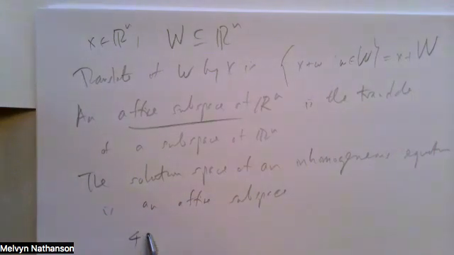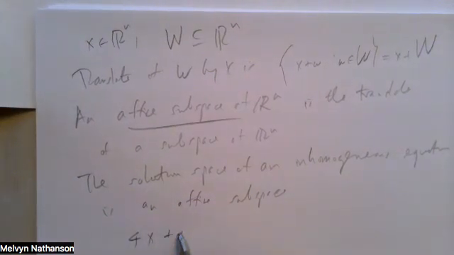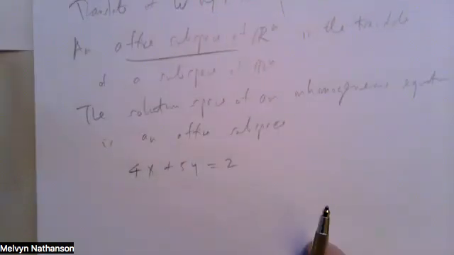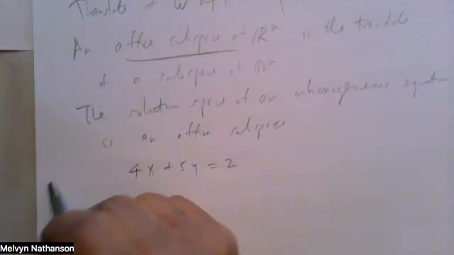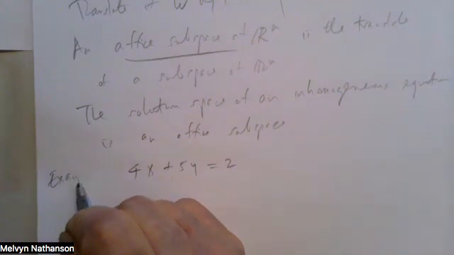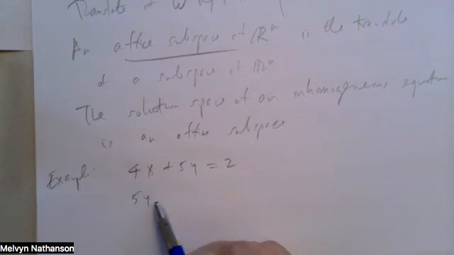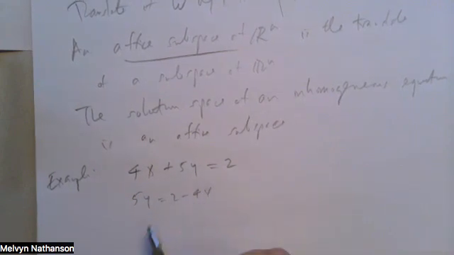Suppose you have the equation 4x plus 5y equals 2. And we want to find all solutions of this inhomogeneous equation. So high school algebra always is good. You can solve this equation for y. 5y is 2 minus 4x.